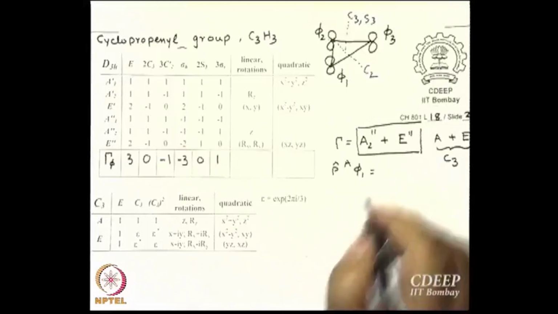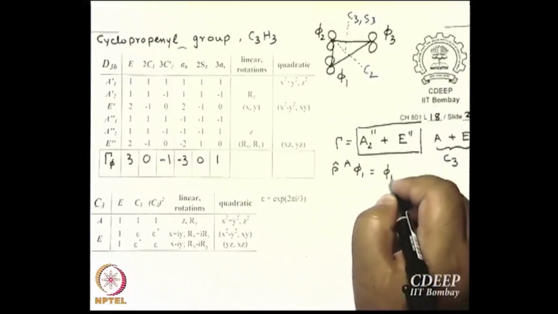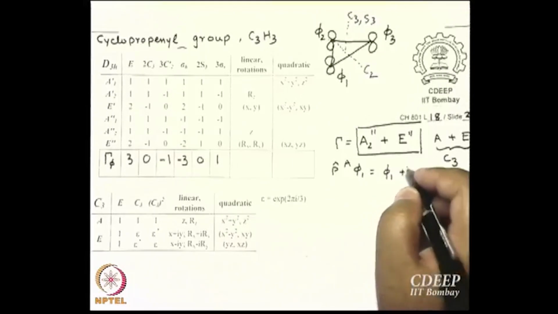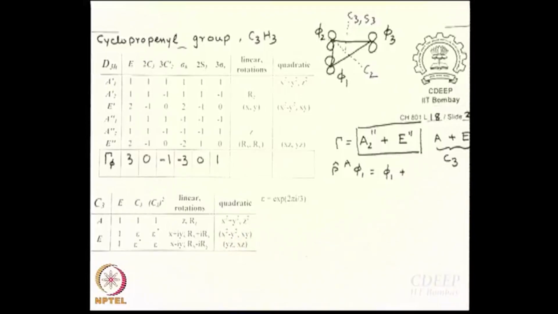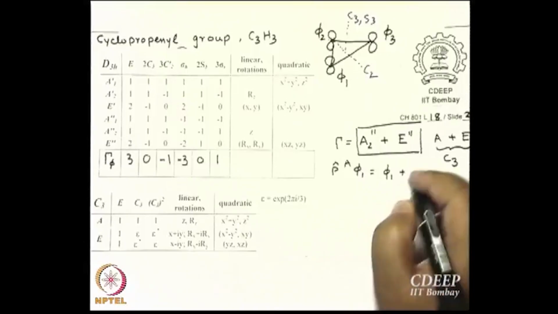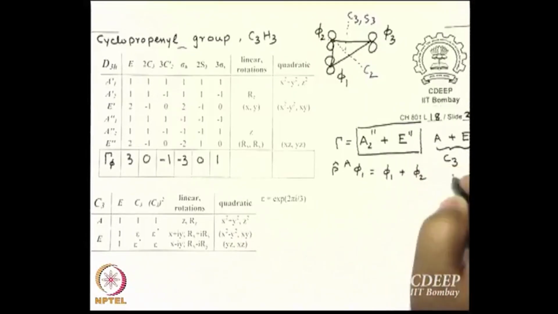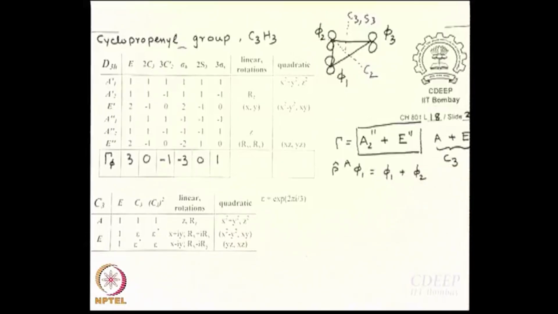Phi 1, plus C3 operating on phi 1, what is it? Phi 2, multiplied by 1 is phi 2. Then C3 square operating on phi 1 is phi 3, that multiplied by 1 is phi 3.